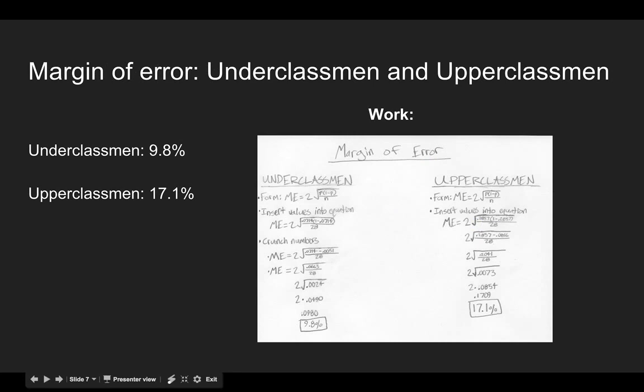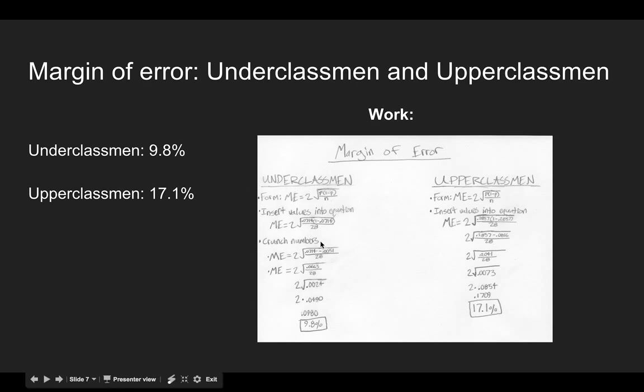So here's our margin of error. We calculated the margins of error for the underclassmen and upperclassmen's data. The underclassmen's margin of error turned out to be 9.8%, and the upperclassmen's turned out to be 17.1%. Here's our work for figuring out the margin of error. This is the underclassmen's over here.